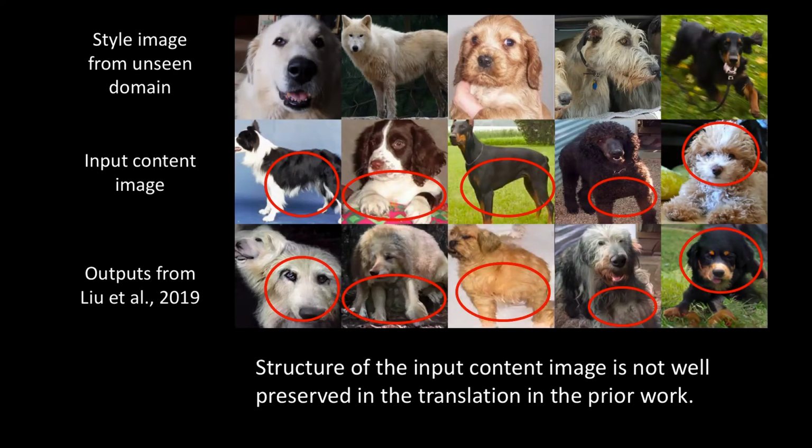For example, in the leftmost two columns, the body parts absent in the content image appear in translation results. In other examples, the pose of content is not well preserved, or the scale of body part is changed a lot by translation. The prior work tackled translation for well-aligned datasets, so the issue was not so significant. But for the challenging dataset, we need to handle this problem.